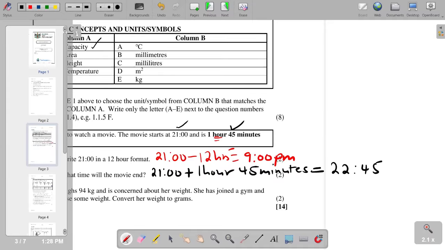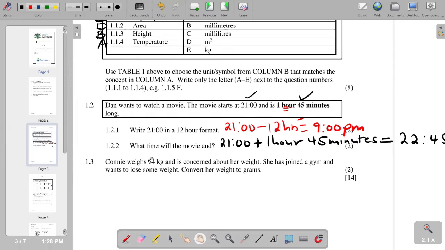Then moving on, we have 1.3. Connie weighs 94 kg and is concerned about her weight. She has joined a gym and wants to lose some weight. Convert the weight to grams. So 94 kgs. We know that 1 kg is 1,000 grams.